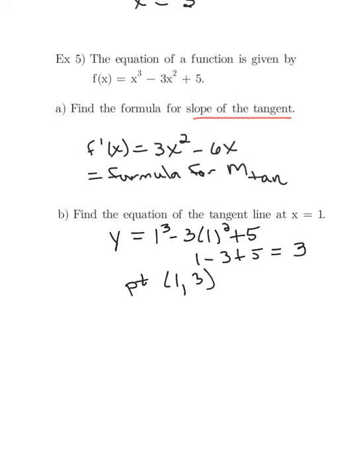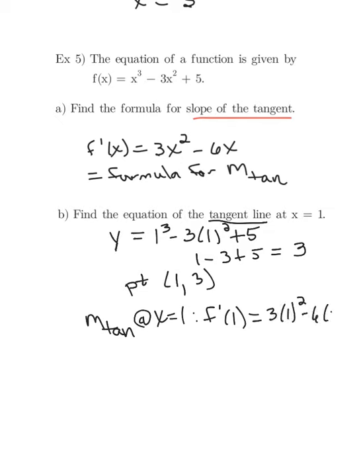And if it's the slope of a tangent line, then we need to use the derivative. So the slope of the tangent at x equals 1, we're going to put 1 into the derivative, which is going to give us 3 times 1 squared minus 6 times 1, which gives us negative 3.